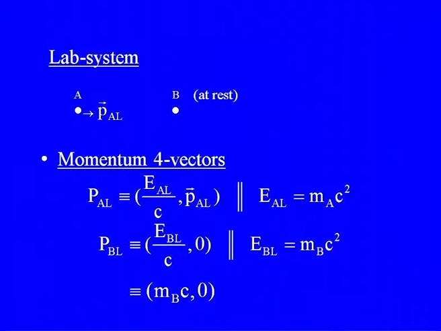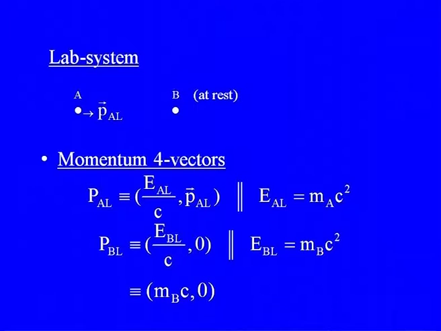That's nothing but MA into c squared, where MA is the mass of A. And then what about PBL? That's the 4 vector PBL. Recall that it's at rest, so the 3 momentum part of it is 0. But it's interesting that its energy is not 0. Why? Because of course it has rest mass, and then you have rest mass energy. So you have MB into c squared. That will be the rest mass energy.